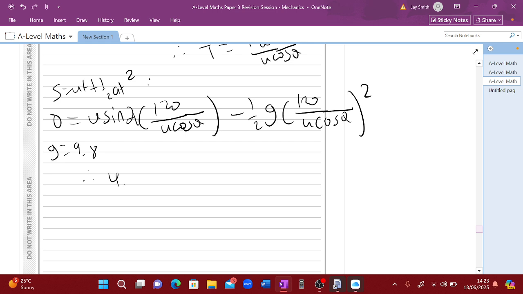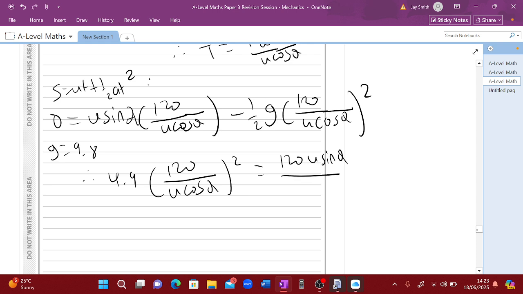So 4.9 of 120 over u cos alpha squared is going to equal u sine alpha times 120 over u cos alpha. Then let's expand the bracket.